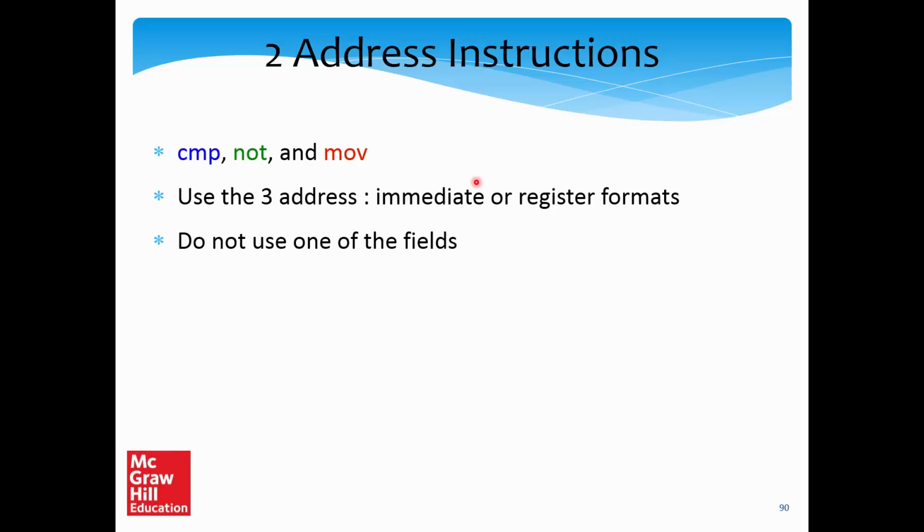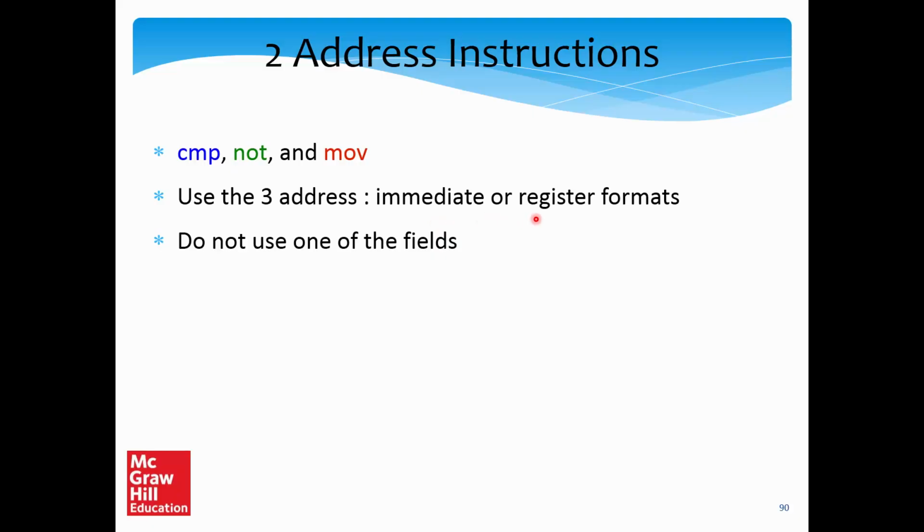Now let's take a look at 2 address format instructions like compare, not, and move. So we'll use a simple solution which is used in many other areas of computer architecture as well. We'll use the 3 address format. We can use either the immediate or register formats, but we'll not use every single field.